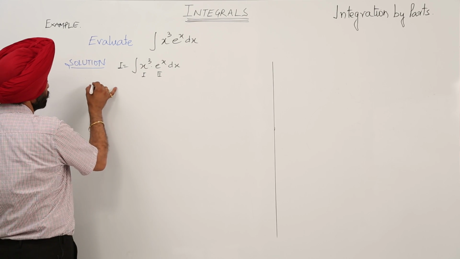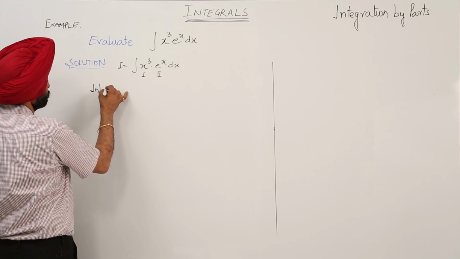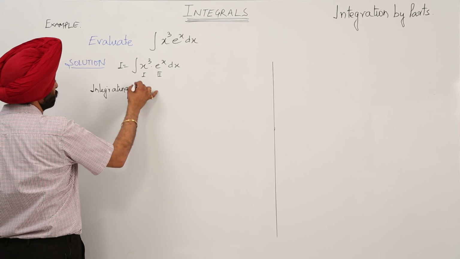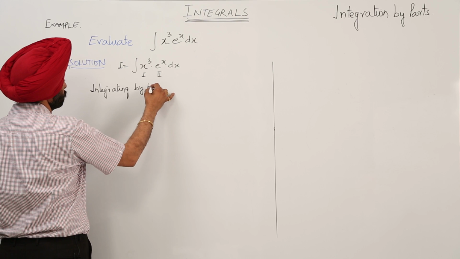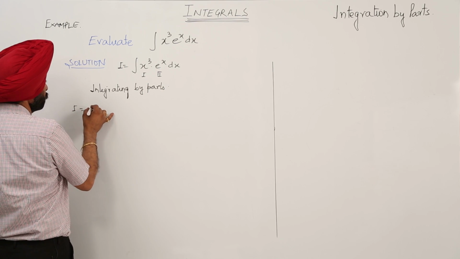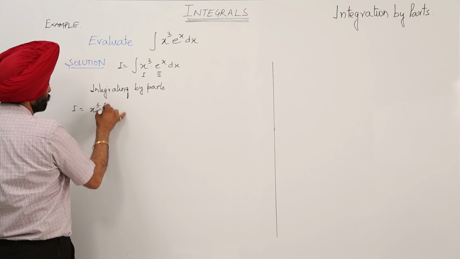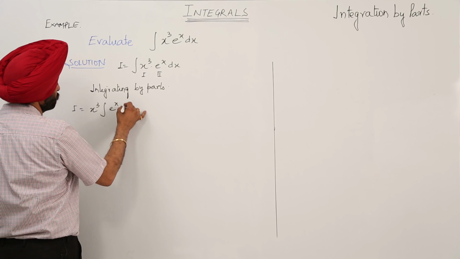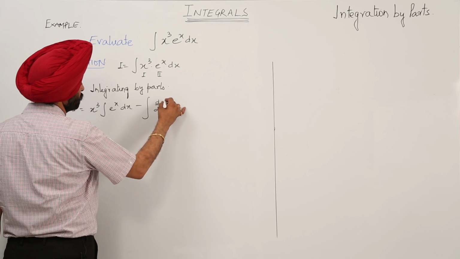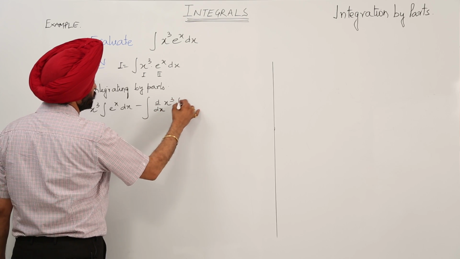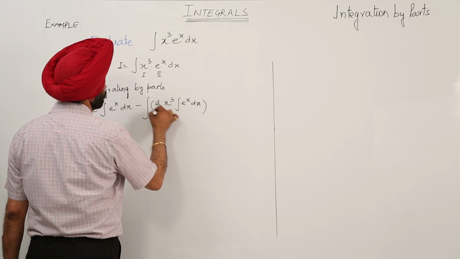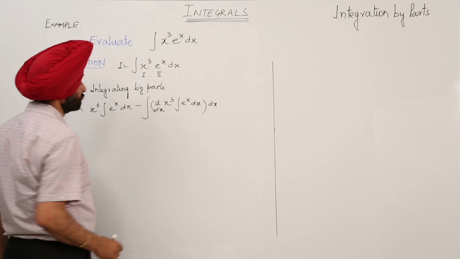So now integrating by parts, we are having first function as it is, integration of second function, minus integration of d by dx of first function, integration of second, and integration for the result.